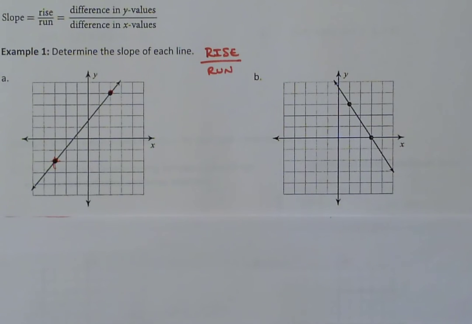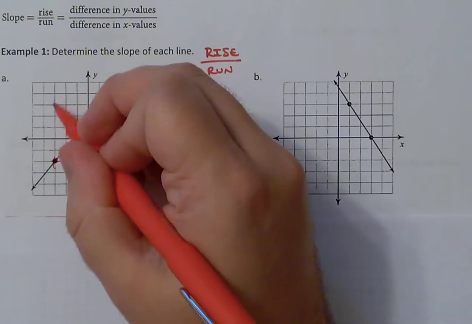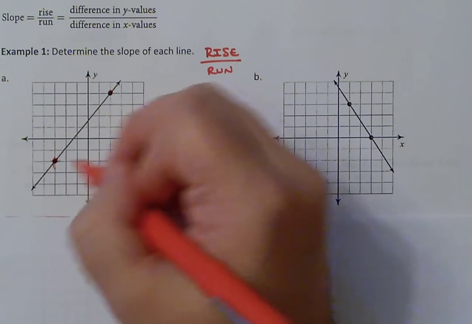Alright, so now that I have my 2 points, to figure out slope we want to figure out how much it's risen or decreased and how much it's gone right or left. So we want to go through and create a path going up and then over to get from this point to this point. So we're either going to go up or down, left or right.